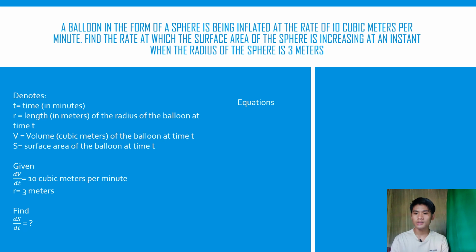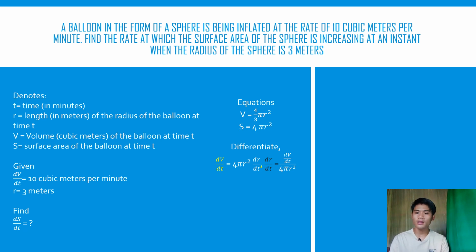From the given itself, we are able to relate those into these equations, which are the formula for volume and the formula for surface area. So we have volume V = 4/3 pi r cubed, and for our surface area we have S = 4 pi r squared. Just differentiate those equations.